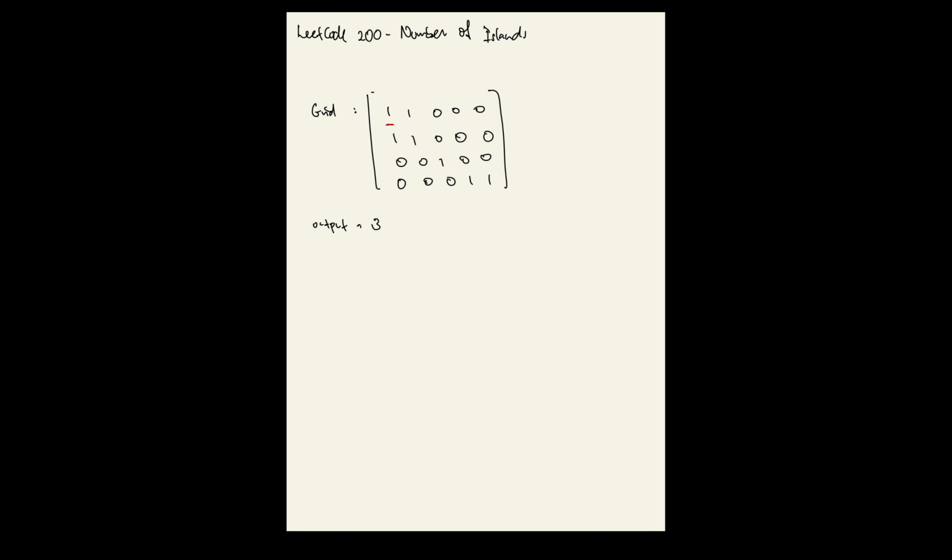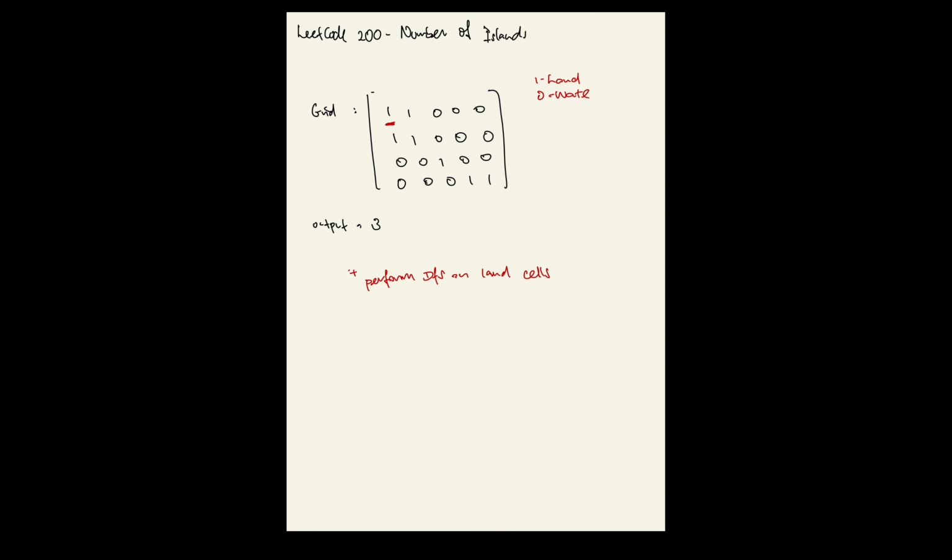Whenever we are at the first position of the cell, we first find out whether the cell is water or land. If it is 1, it is land. 0 means it is water. If it is land, you perform a depth first search. So perform DFS on land cells.